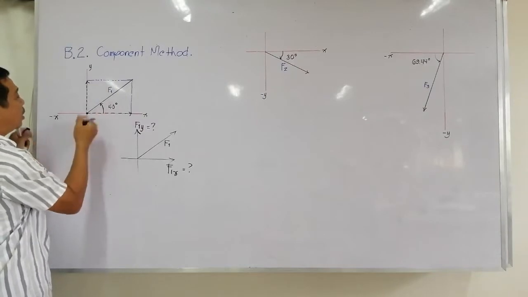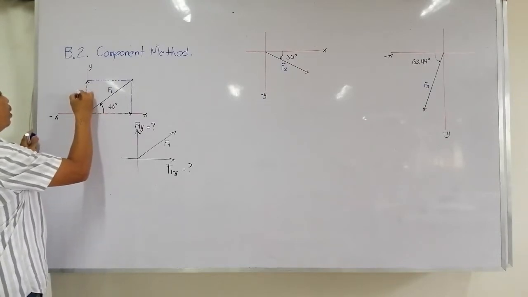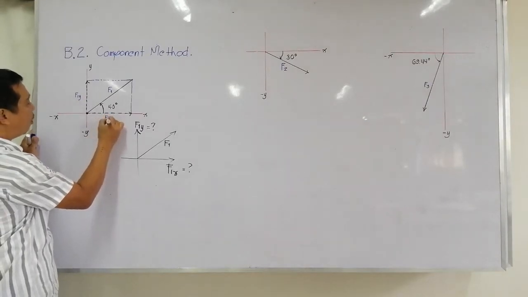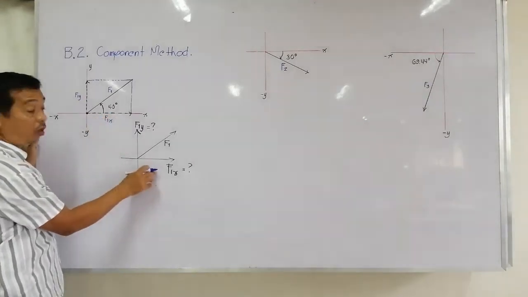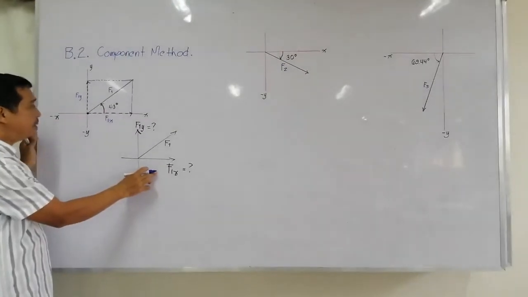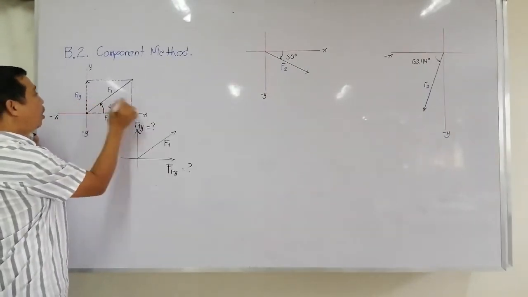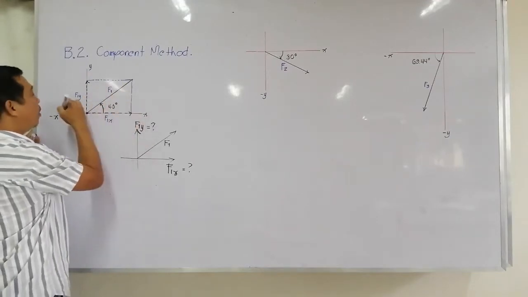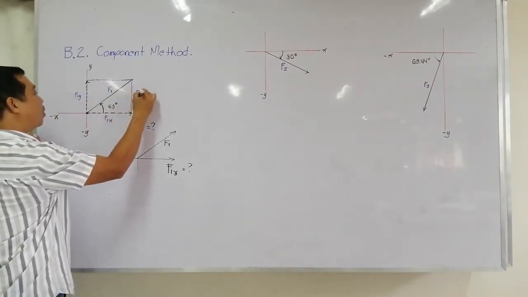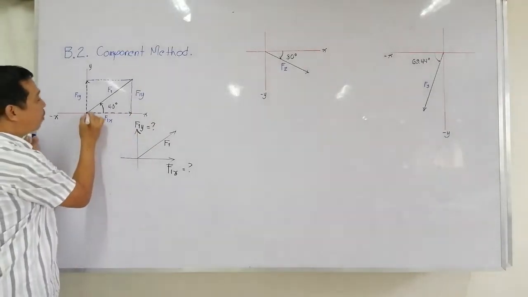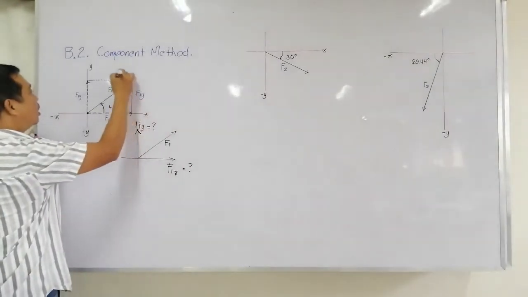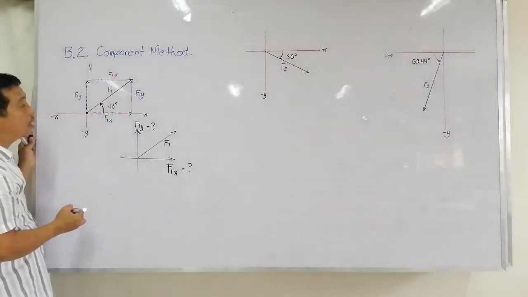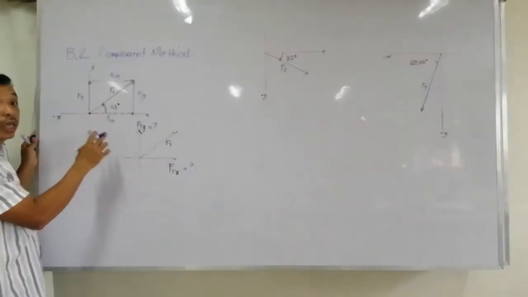Knowing that this is your y component of F1 and this being your x component of F1, mirror image, since yun naman ay similar right triangles, if this is your F1y, this is also your F1y. If this is your F1x, this also means your F1x. So you have two triangles.